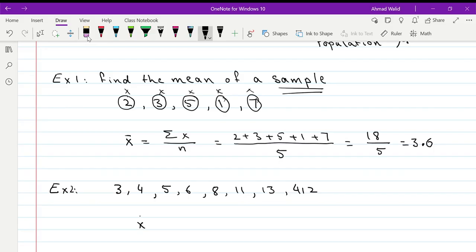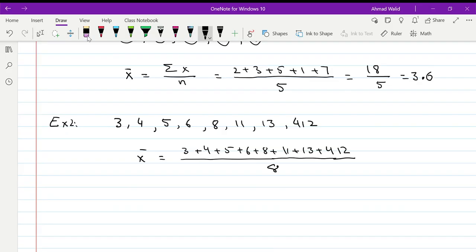Then x bar equals the sum of these values: 3 plus 4 plus 5 plus 6 plus 8 plus 11 plus 13 plus 412 over the number of these: 1, 2, 3, 4, 5, 6, 7, 8. Divide by 8.